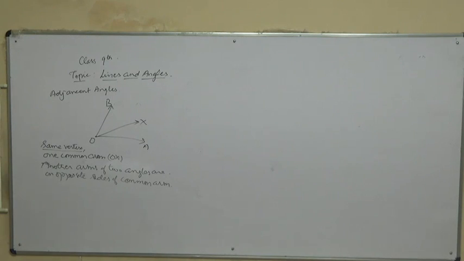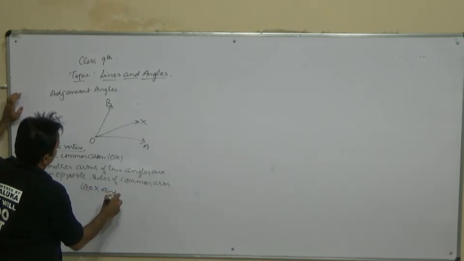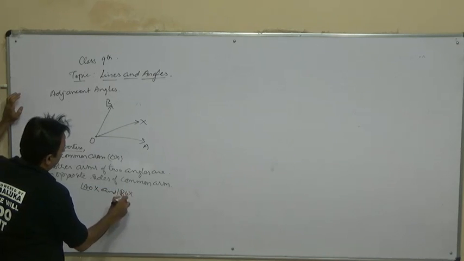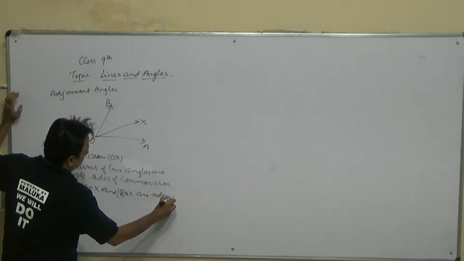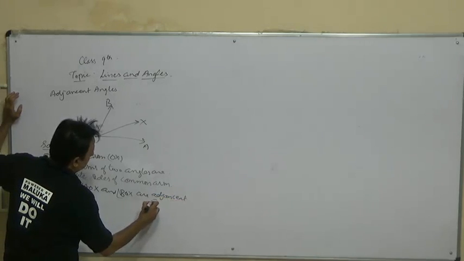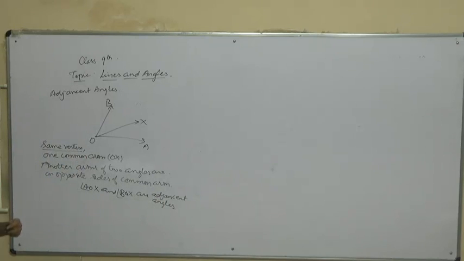So we can say that AOX and BOX are adjacent angles. So these are the adjacent angles.